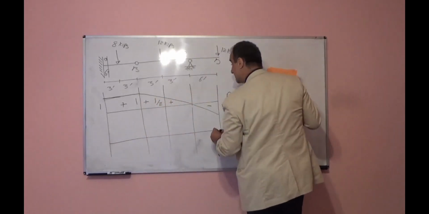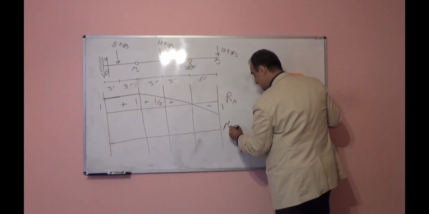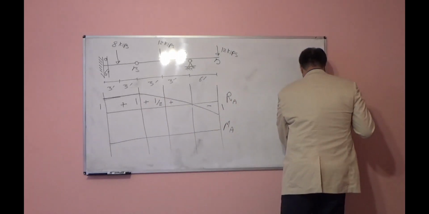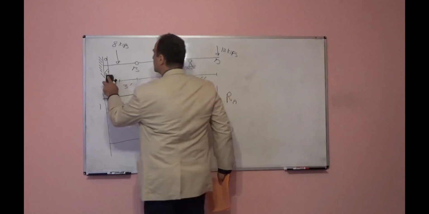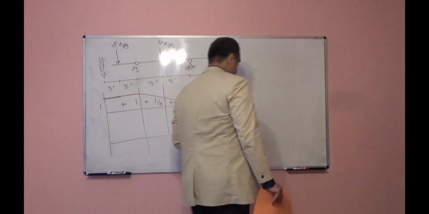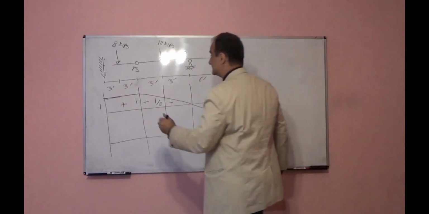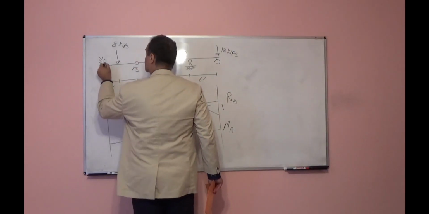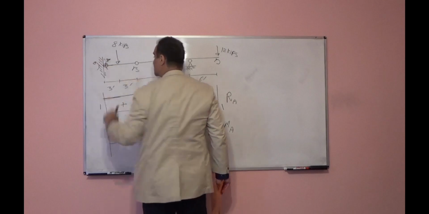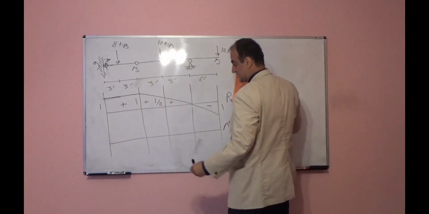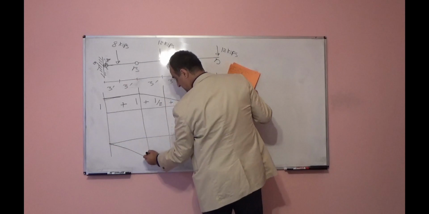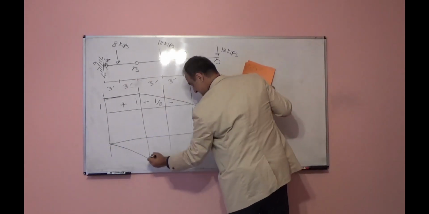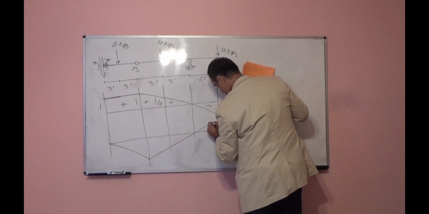Moment at point A: we will draw the influence line for moment at point A. So apply this rotation. If we apply that rotation, point B will move down. This part rotates with respect to C like this.